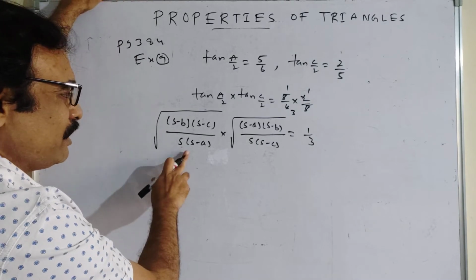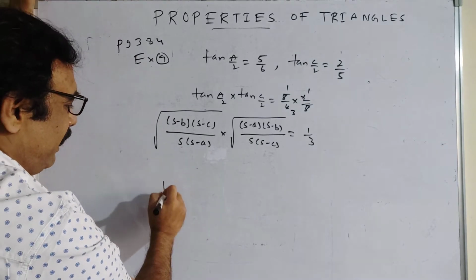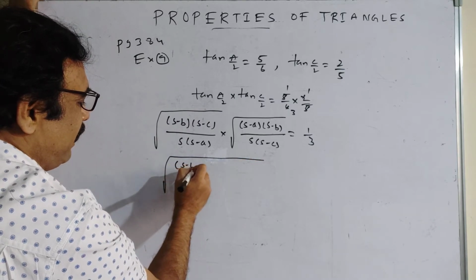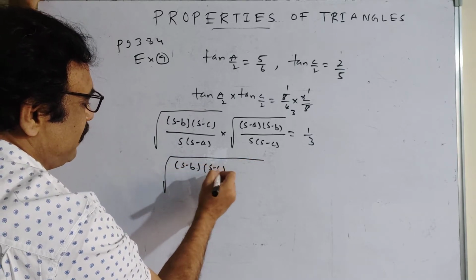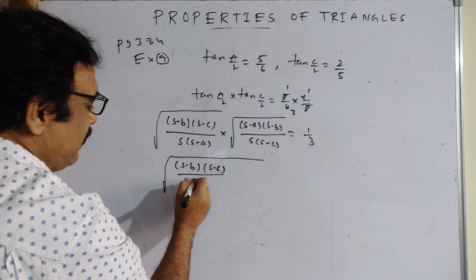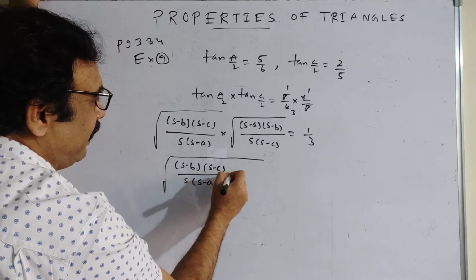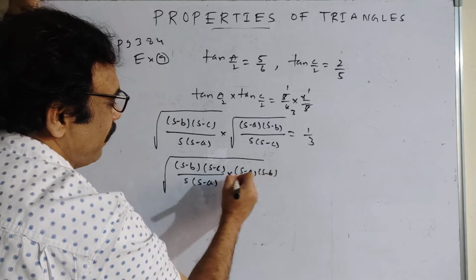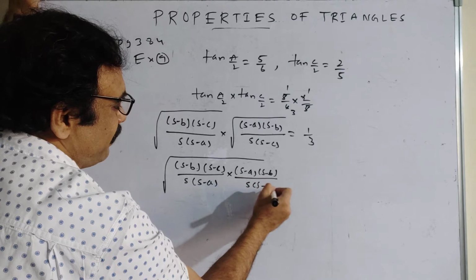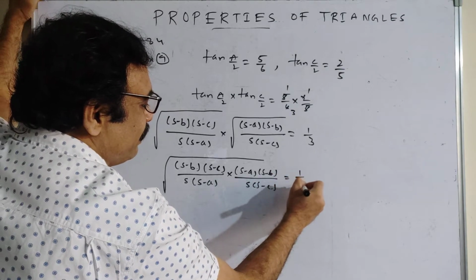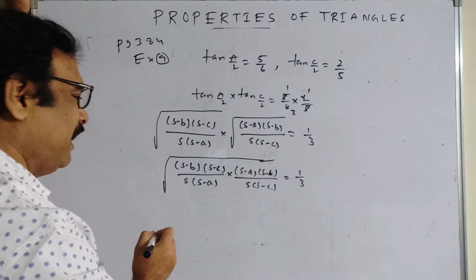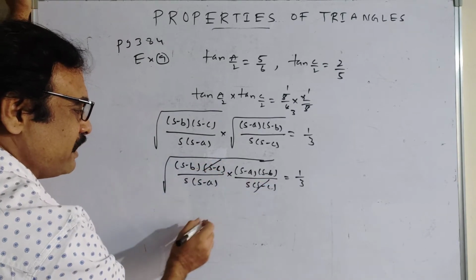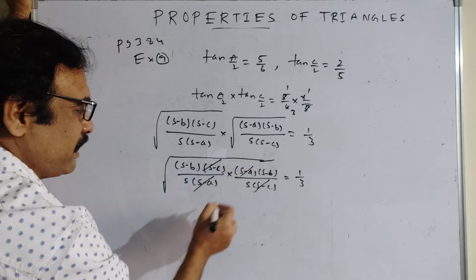As we know, square root of A into square root of B can be written as root over, so this is S minus B into S minus C by S into S minus A, and S minus A into S minus B by S into S minus C, which is equal to 1 by 3. Now, like terms we can cancel: S minus C has gone, S minus A has gone.